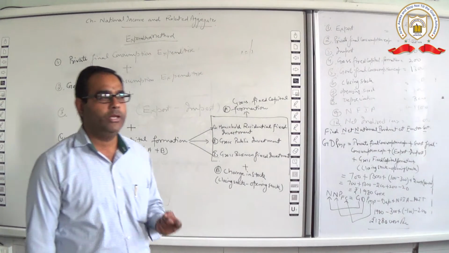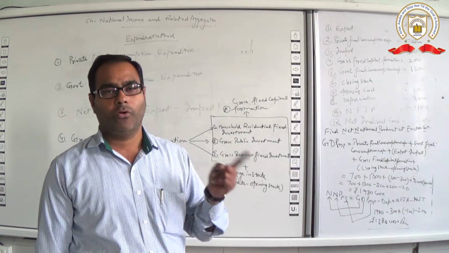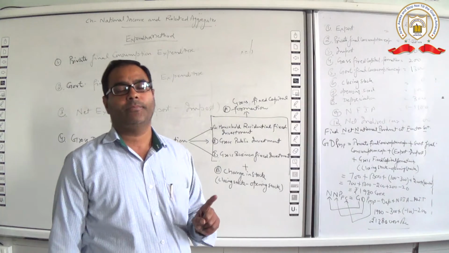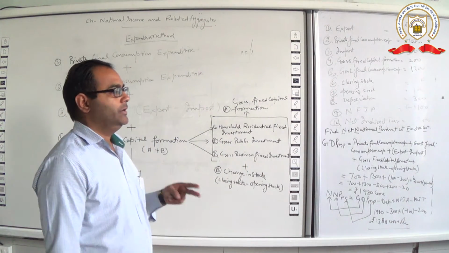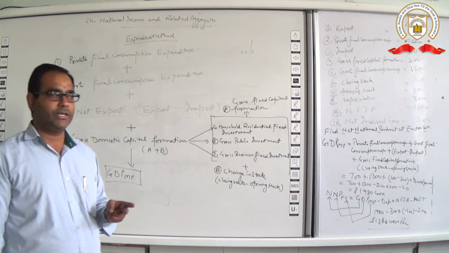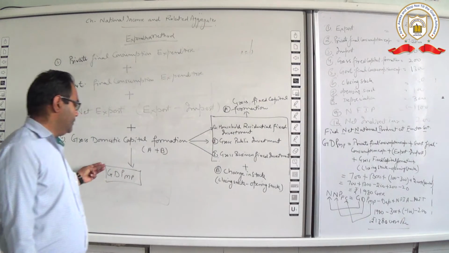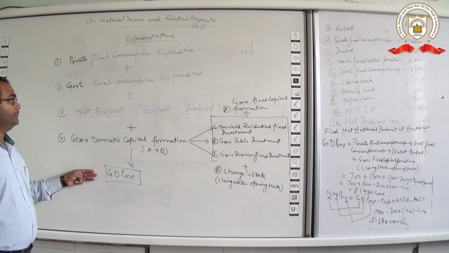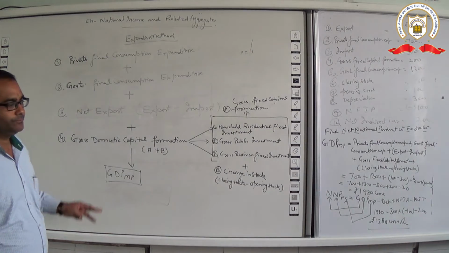If we use the value added method, we calculate gross domestic product at market price or gross value added at market price. By using the income method, we calculate net domestic product at factor cost or domestic income. By using the expenditure method, we can calculate GDP at MP by using these four components.